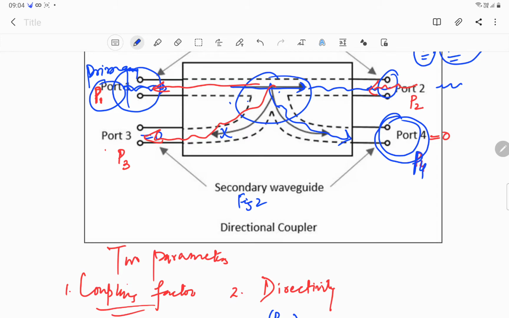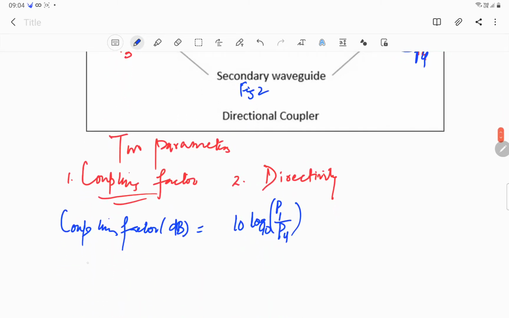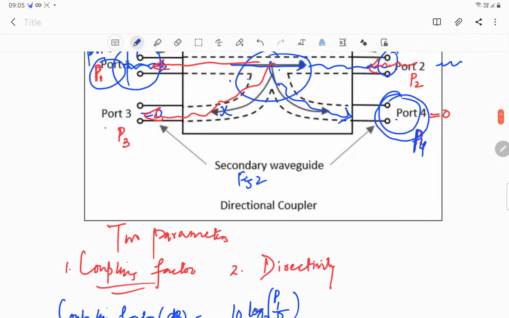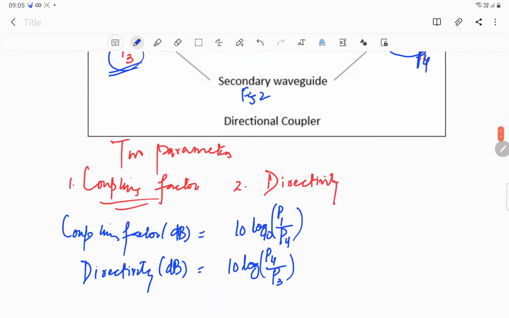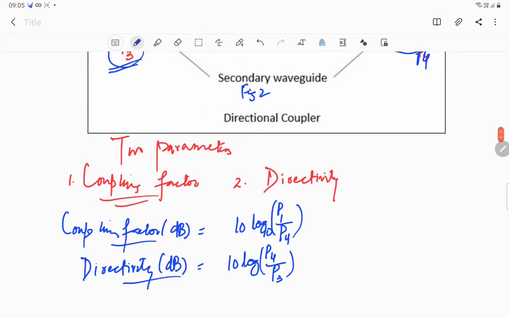And likewise, directivity, which is the second parameter, in decibels is 10 log 10 P4 upon P3. P4 is the power received at port number 4 and P3 is the power received at port number 3. So this is coupling and this is directivity.